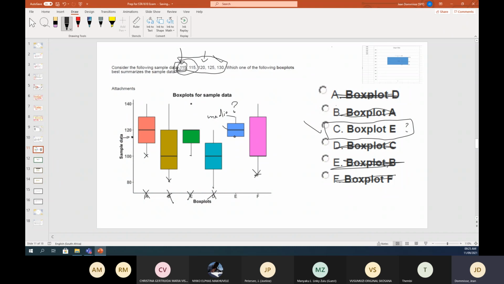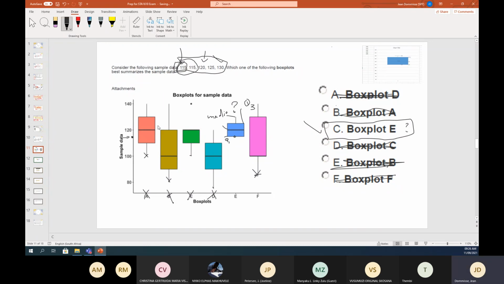Q1 will sit between those two, so it is the same. That is why there's no whisker part, because Q1 is also sitting there. Q2 is 125, and that looks like Q3. So without going into all of that calculation, by just visually looking, we had the answer.